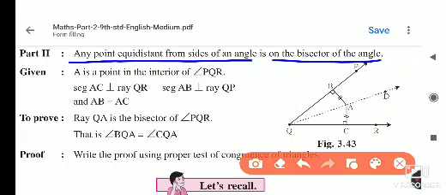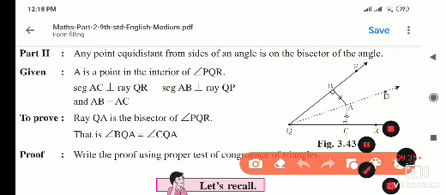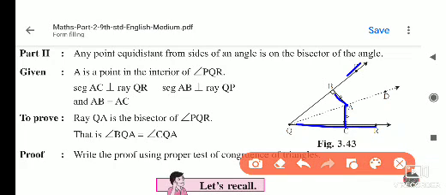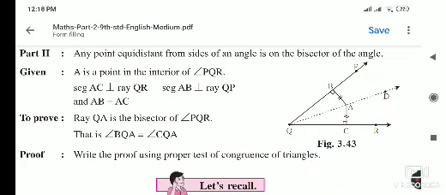So here PQR is an angle, and point A is a point in the interior of PQR. AC is perpendicular on QR, and AB is perpendicular on PQ.